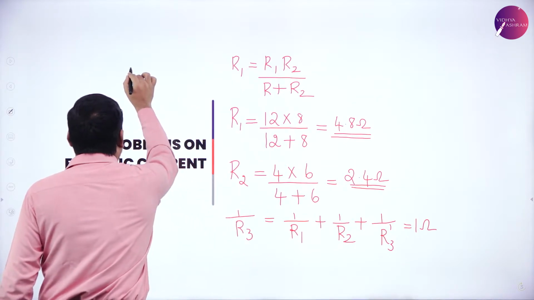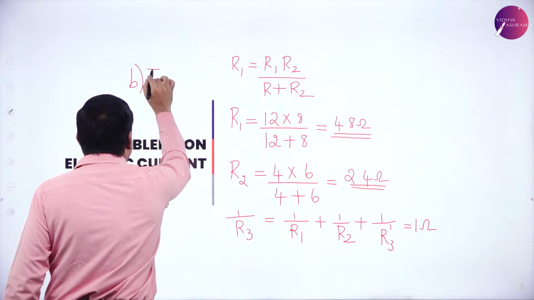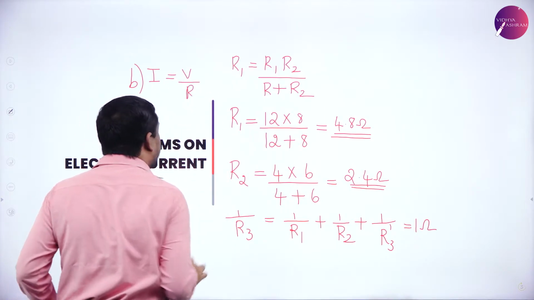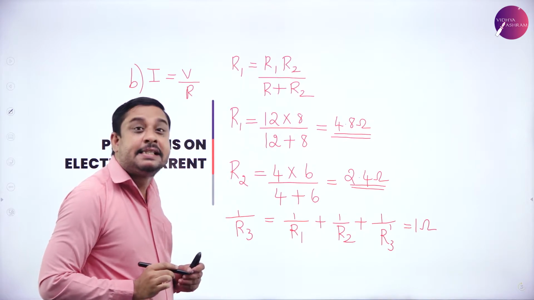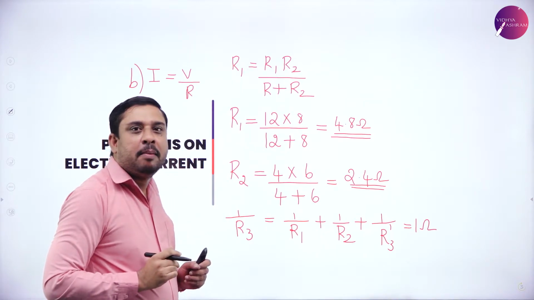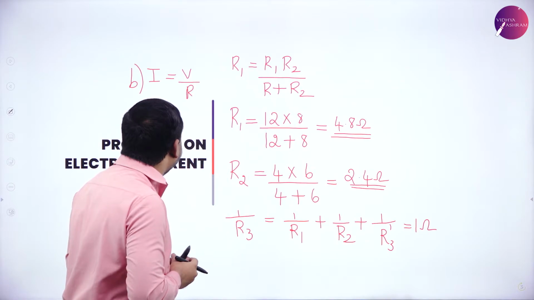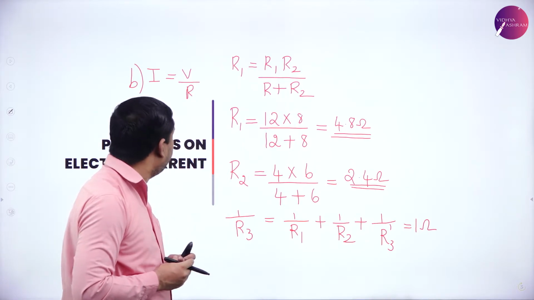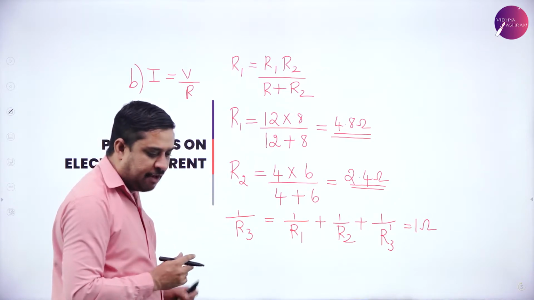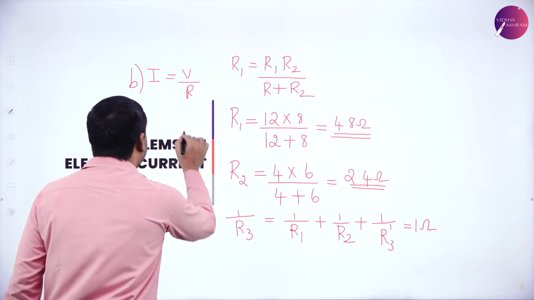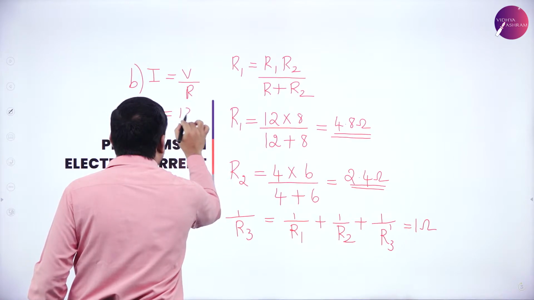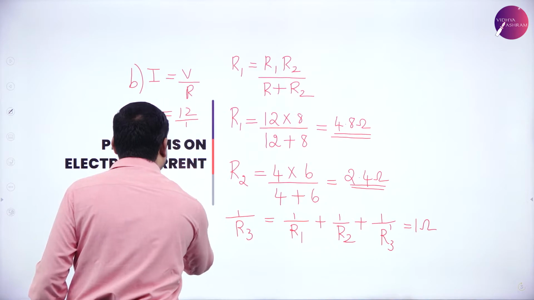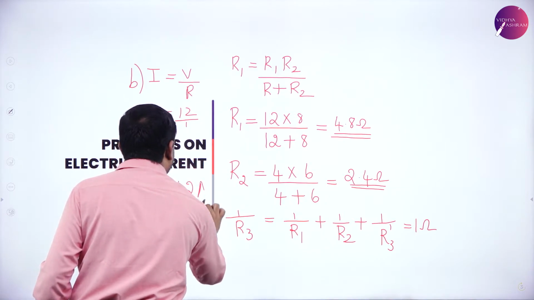Now I have to find the current flowing through the circuit. By Ohm's law, I equals V divided by R, where V is 12, R is 1. So this is 12 divided by 1, which turns out to be 12 amps.